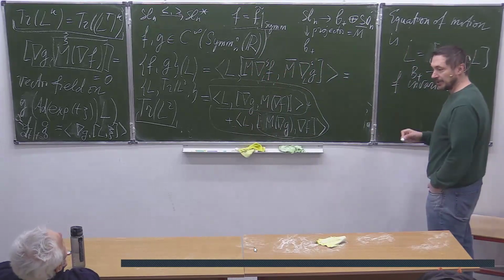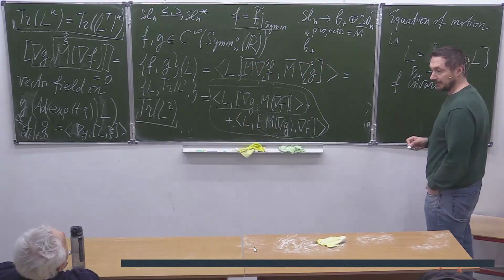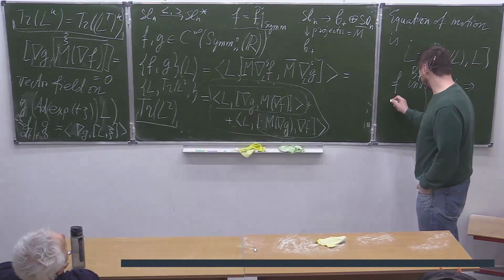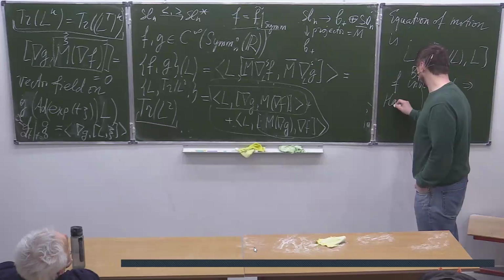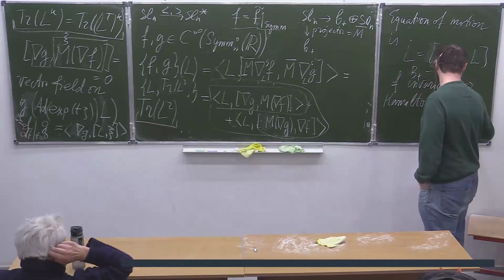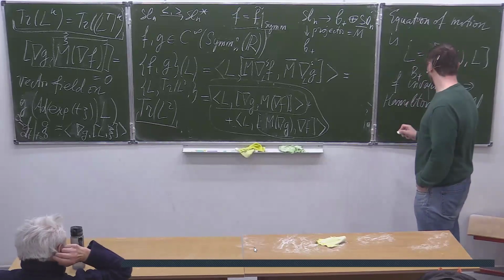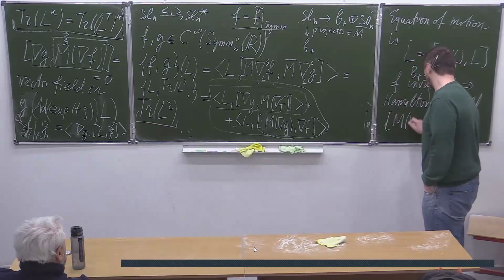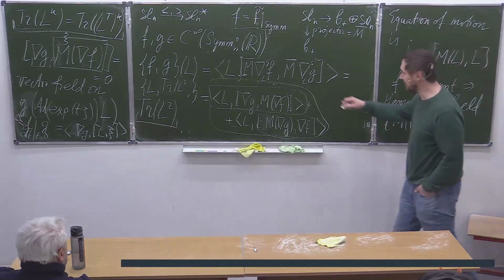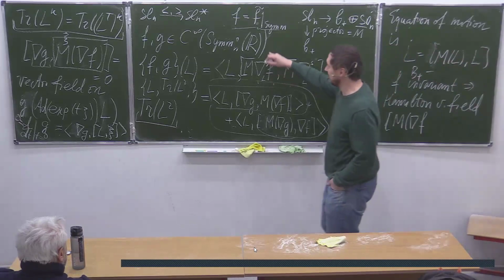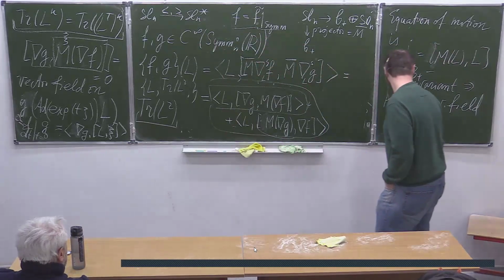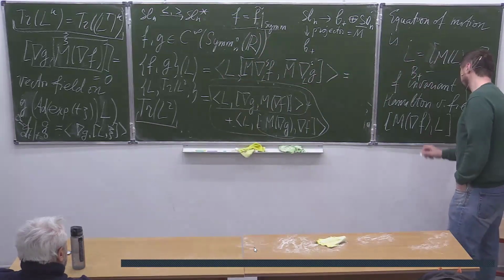If you have a B plus invariant function, then its Hamilton vector field is given by the commutator M nabla F in the usual sense. Nabla not in the symmetric sense, but nabla in the sense of the full space of matrices with L. It's a Hamilton vector field.